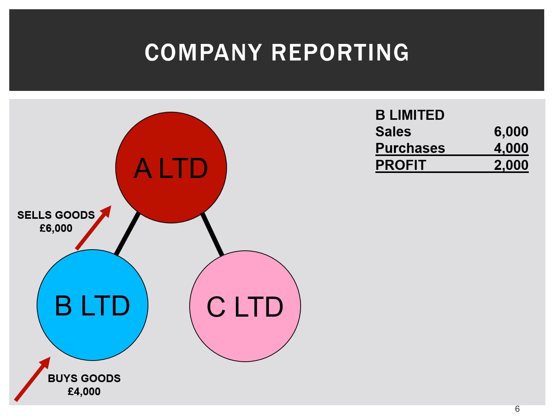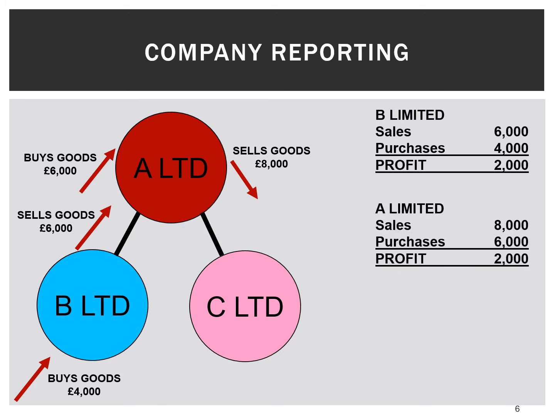A Limited has now purchased those goods from B Limited for £6,000, and maybe A Limited then sells them on to C Limited for £8,000.